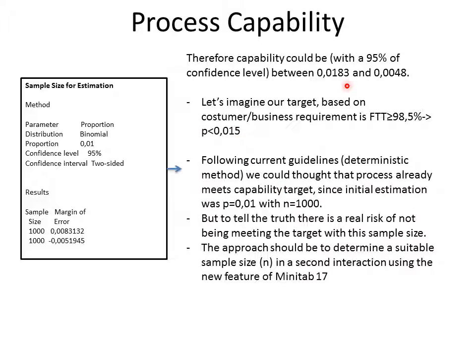So this means that we would have a risk of not meeting customer expectations. So what we have to do is to get more samples in order to be sure that our margin would prevent us from not meeting the customer or process target.